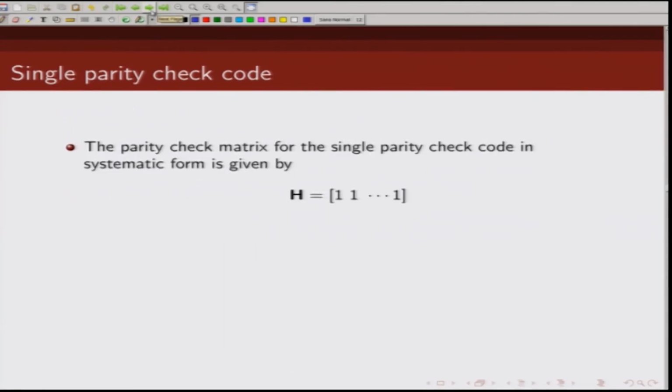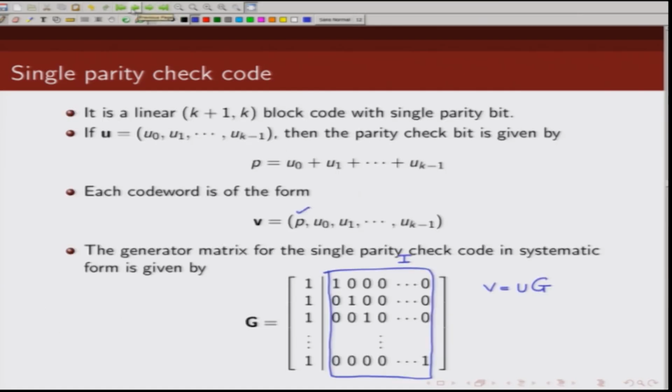Now, we can write down the parity check matrix for this also. As you can see, this generator matrix is in systematic form. So, what would be the corresponding parity check matrix? The generator matrix is of the form P I. So, the parity check matrix will be I P transpose, right.